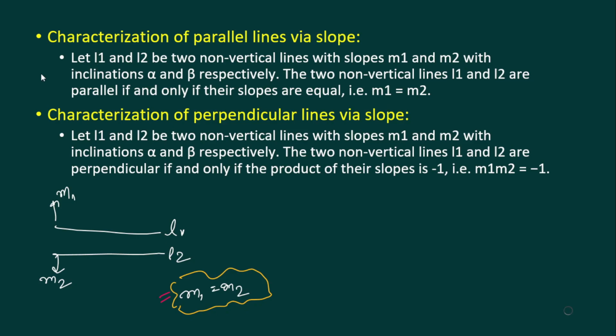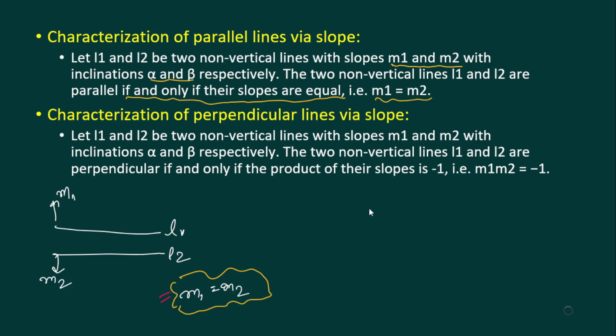Here it is written: let L1 and L2 be two non-vertical lines with slopes m1 and m2 and inclinations alpha and beta. The two non-vertical lines L1 and L2 are parallel if and only if their slopes are equal, that is, m1 is equal to m2.